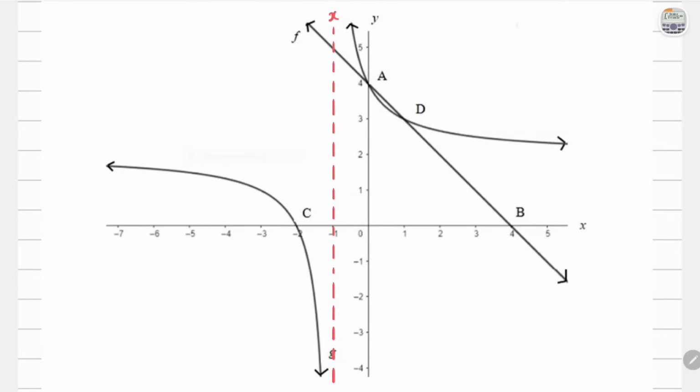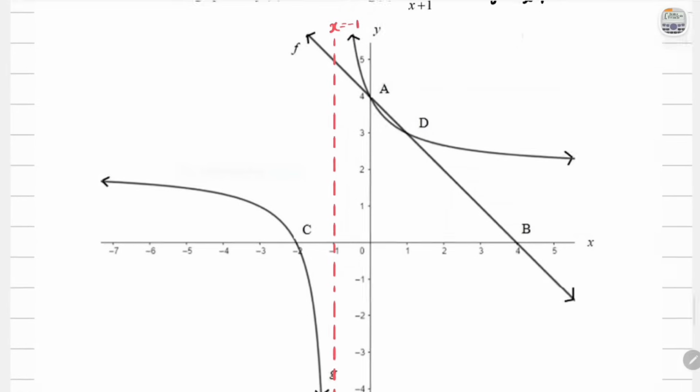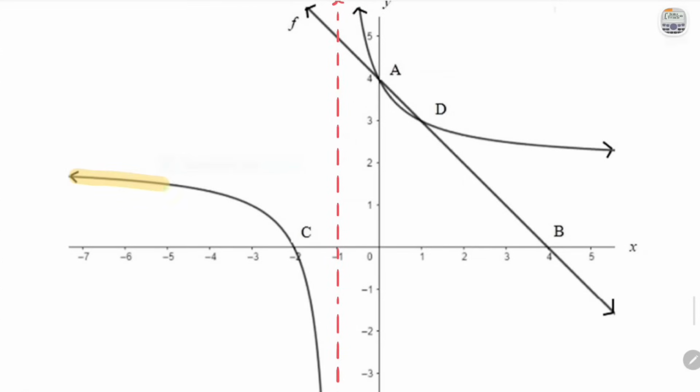Okay, so now looking at all the possible x values that this graph has. This graph is going to have x values all through. Okay, it has an x value over here, has an x value over here. See, the points on the graph map to real x values that we can see on our x-axis.